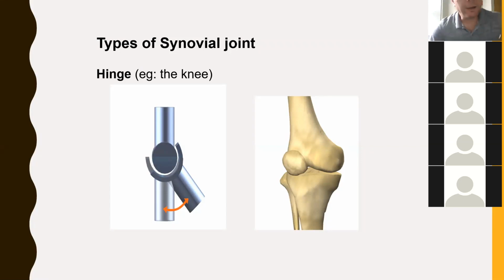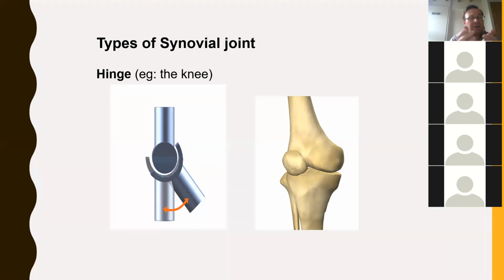So if you think about it, when I'm running, or if I'm jumping and landing, what I don't want is a wobbly knee that's got movement in all directions. A hinge joint allows me to absorb a lot of force and create a very stable joint to transmit that force through.